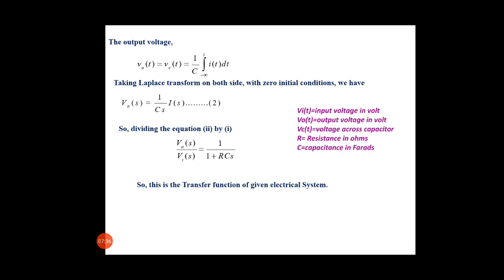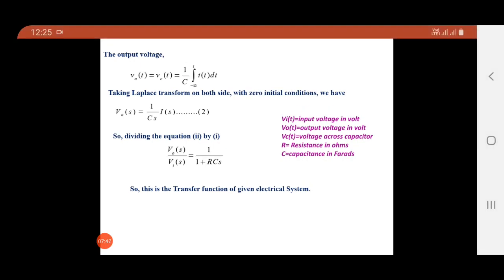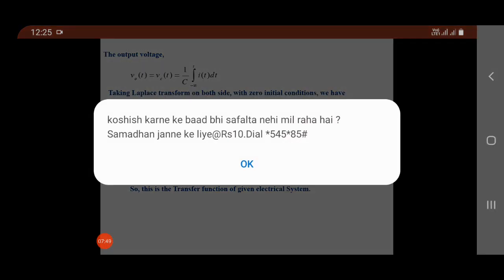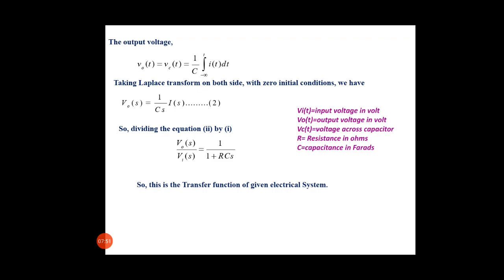So the transfer function of the system, that means the RC network, is V0(s) by Vi(s), which is the output transform by the input transform, and this is equivalent to 1 by 1 plus RCs. So this is the transfer function of the given electrical system.